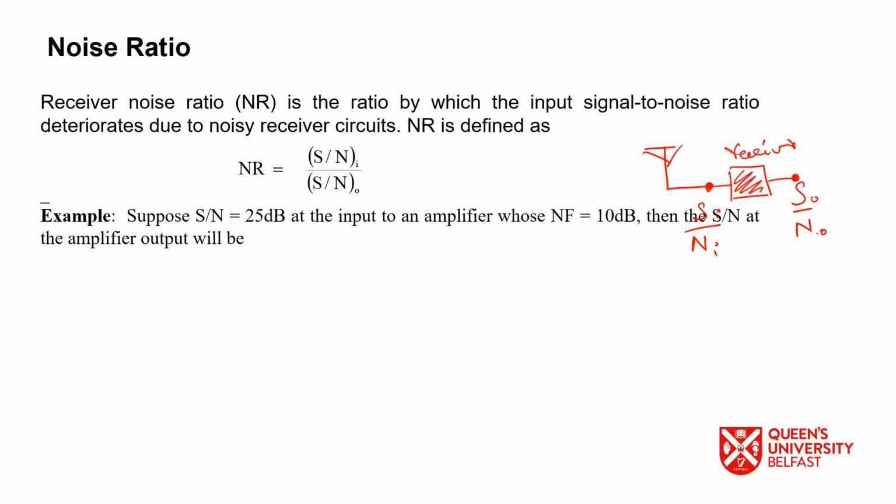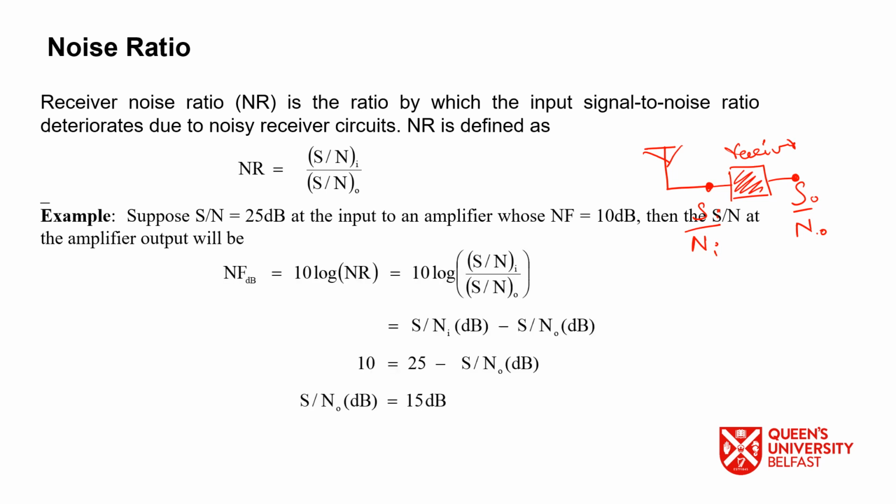Suppose the signal to noise ratio is equal to 25 dB at the input of an amplifier whose noise figure is 10 dB. Then what will the signal to noise ratio at the amplifier output be? There's another important piece of information here: noise figure in dB is actually the noise ratio in linear. So noise figure is the dB equivalent of noise ratio and vice versa.